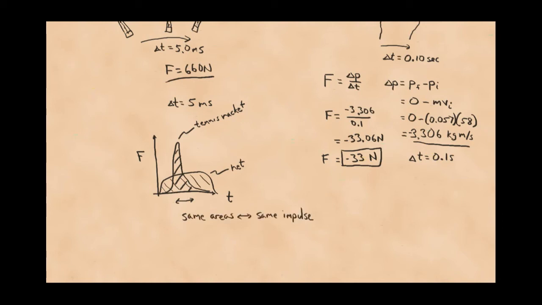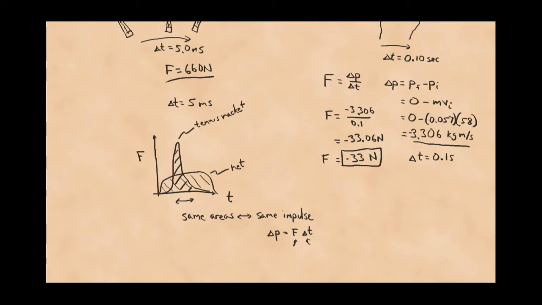And so for a given impulse, I can have a large force over a small amount of time, and that will give me a certain size impulse, or I can have a smaller force if I increase the amount of time over which it acts.